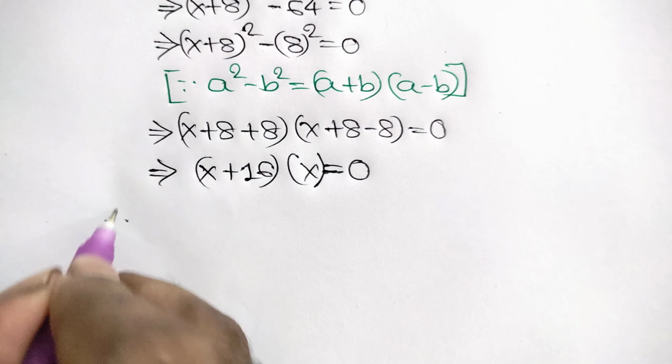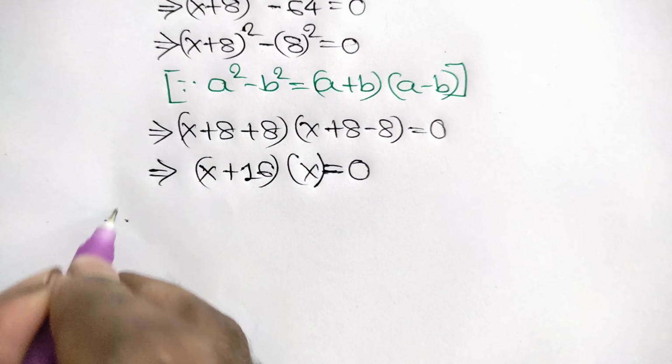Now the second method. The question has given (x + 8)² = 64. We know the algebraic formula (a + b)², so we can write a², that means x², plus 2 times a, that means x, times b, that means 8, plus b², that means 8², is equal to 64.